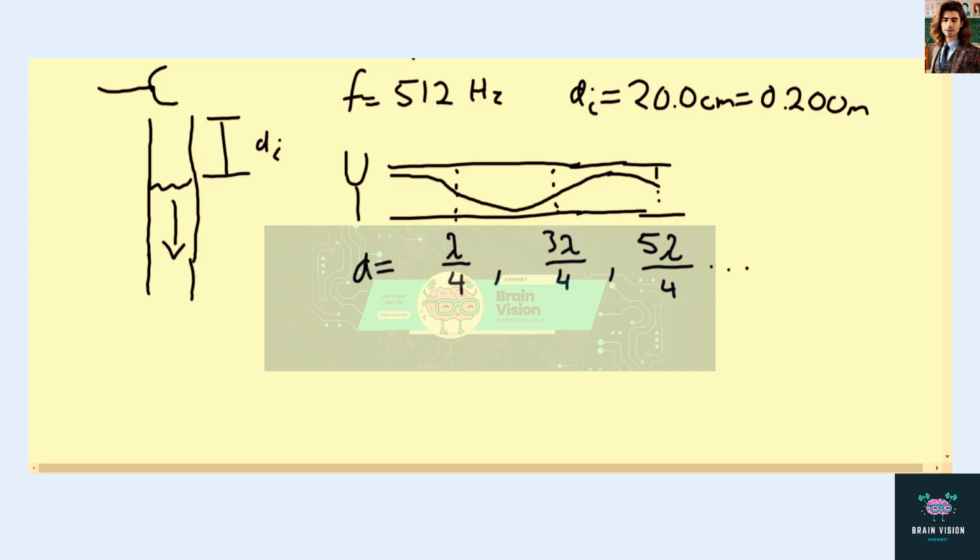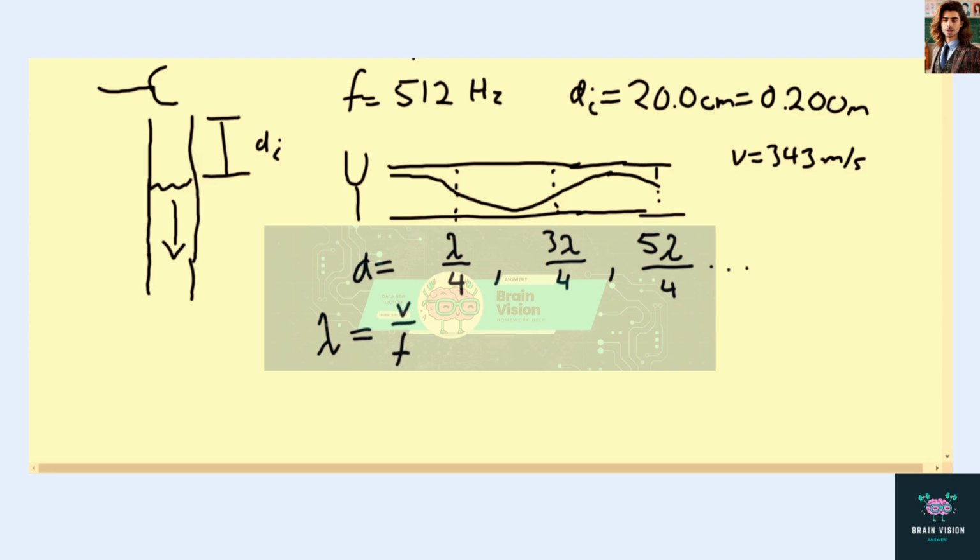So we are given that the frequency of the tuning fork is 512 hertz. We can assume that the speed of sound is 343 meters per second, because we haven't been told that the air temperature is anything other than room temperature, and we haven't been told any information otherwise.